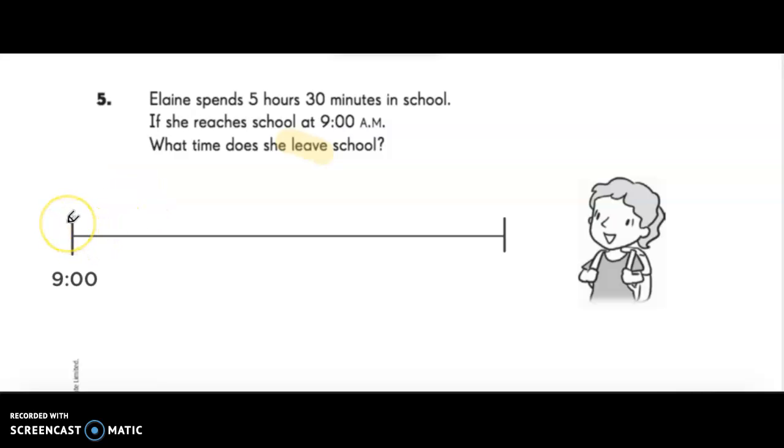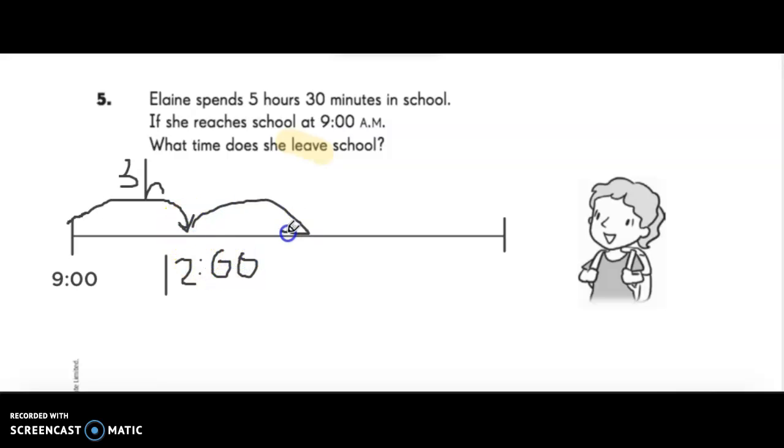So you can do your 5 hours or you could break it up. So maybe start with a 3-hour jump first. So if you're at 9, that would bring you to 10, 11, 12. So this would be a good first jump. Now if you did just a 5-hour jump, that's okay too.